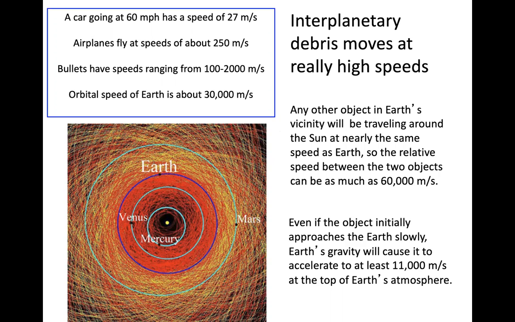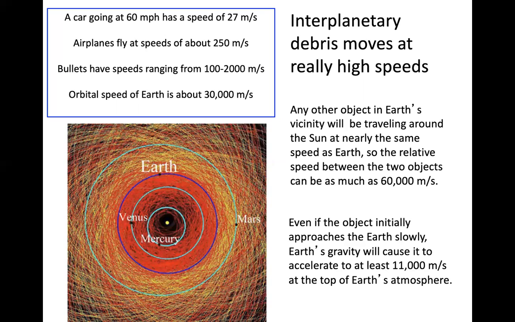Now, you might say, well, how fast can it really hit us? Well, it depends on what angle it hits us at. You can get speeds up to twice Earth's speed around the sun. That's 60 kilometers a second. But there's also a practical lower limit to the speed.